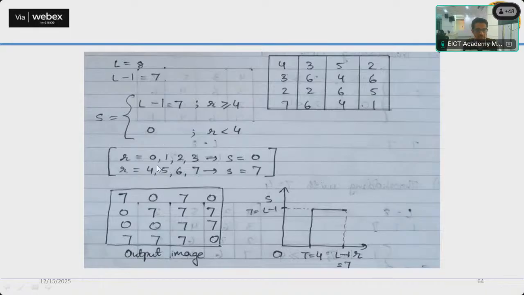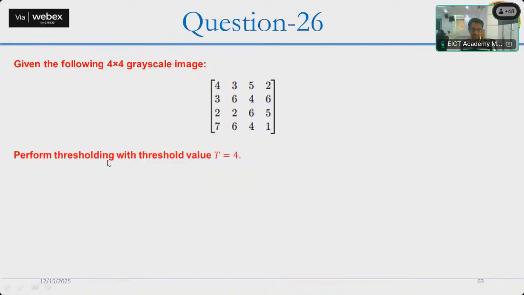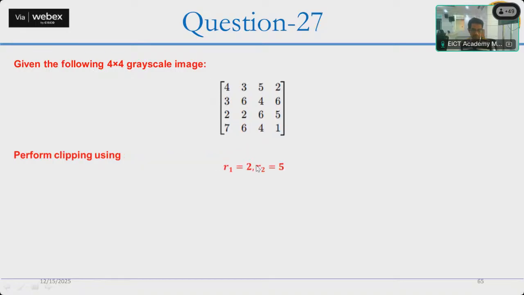When R equals 0, 1, 2, 3, S will be 0, and when R equals 4, 5, 6, 7, S is equal to 7. So only 2 values are there. This is the solution when we say thresholding with threshold value capital T equal to 4.